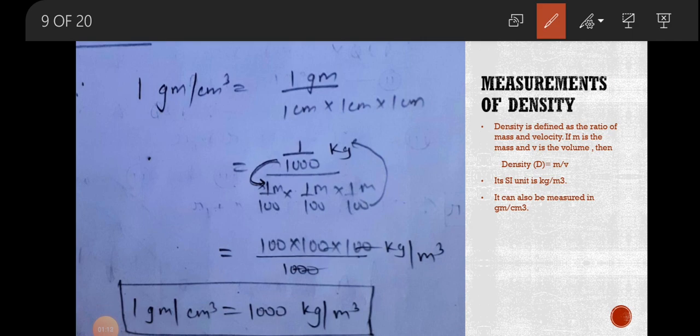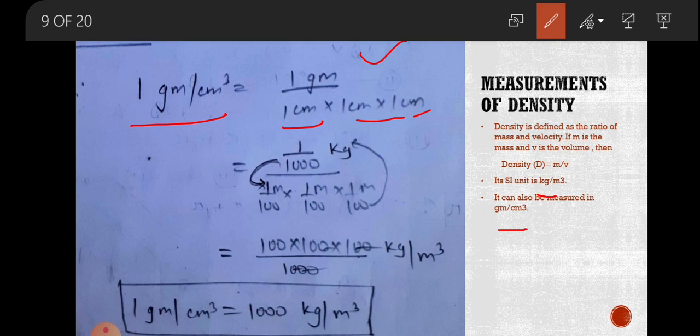The SI unit is kilogram per meter cube, and another unit is gram per centimeter cube. Now we will see how gram per centimeter cube can be converted into kilogram per meter cube, that is, into the SI unit. So 1 gram per centimeter cube means 1 gram upon 1 centimeter into 1 centimeter into 1 centimeter.